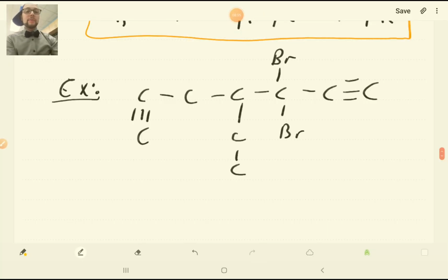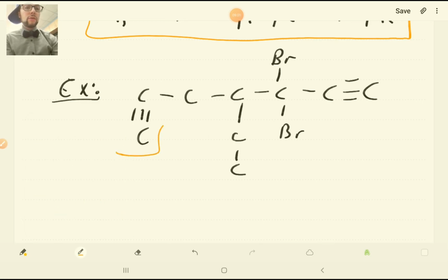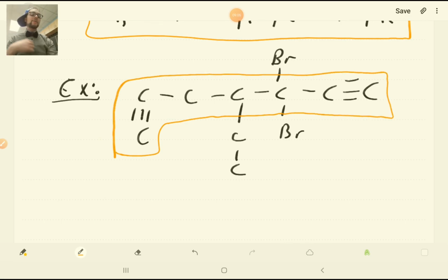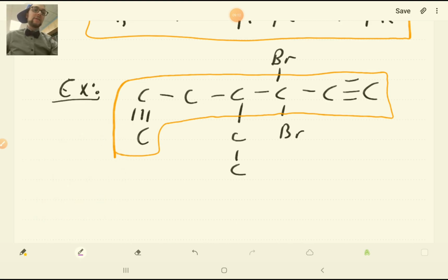Looking at the next example here, again, we're going to identify the parent chain first. And so here is the longest, most continuous parent chain that grabs all the triple bonds. There are 2 sets of triple bonds here. They're both equally close to the first triple bond, but this side here is closest to the first branch.